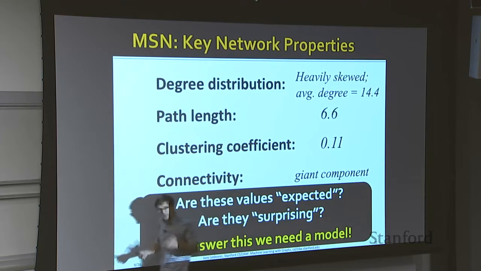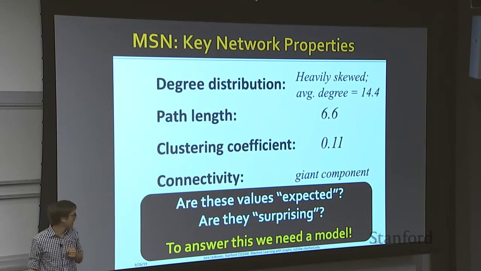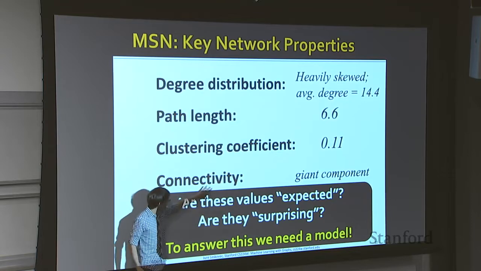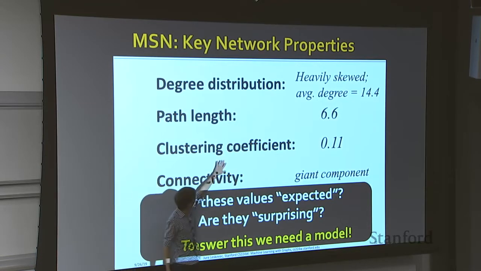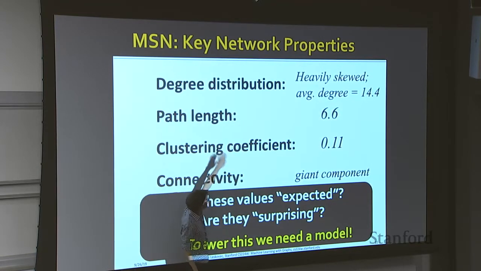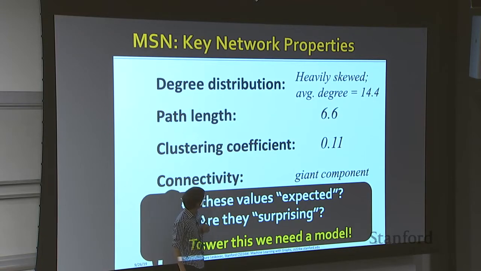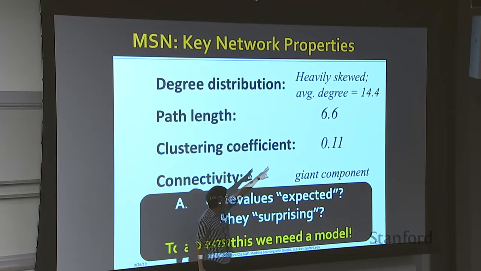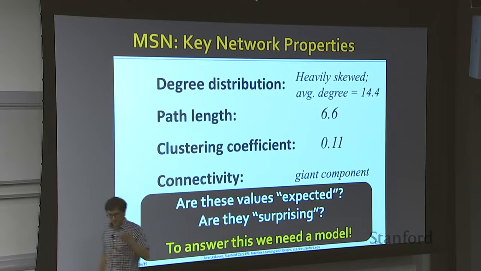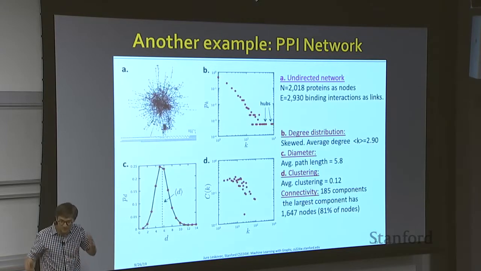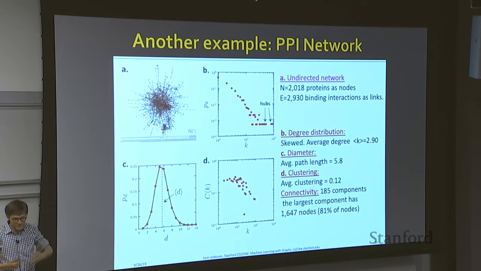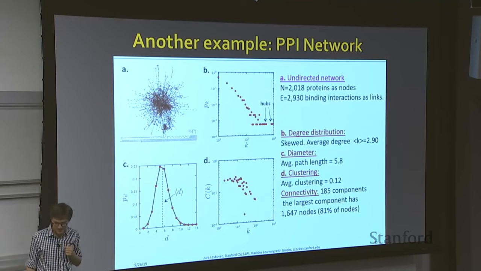It's roughly the same. It's not orders of magnitude off, right? It's about large connected component 80%, clustering coefficient 0.12, shortest path length 5.1, 5.8, and the degree, I think, was 3 or something, right? So it's about the same, even though the network is totally different, smaller, and so on.